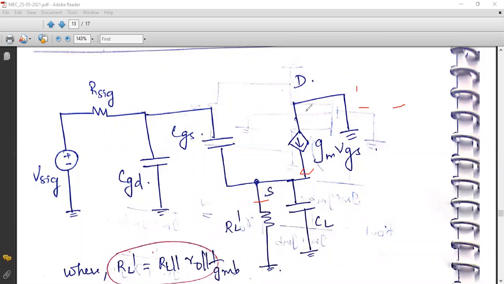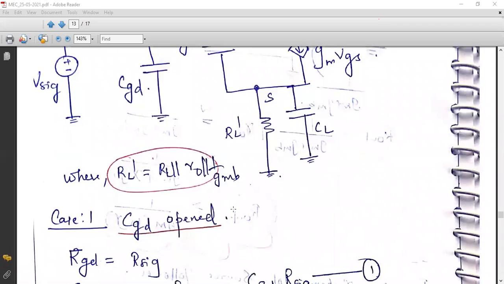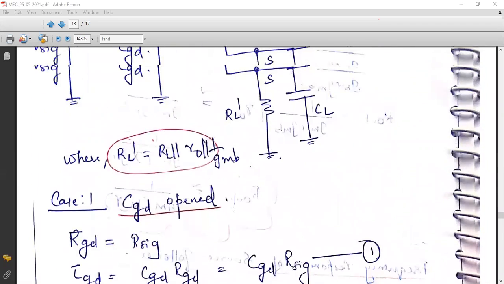First, case one. Have you drawn this? So first I will take the effect of CGD alone.